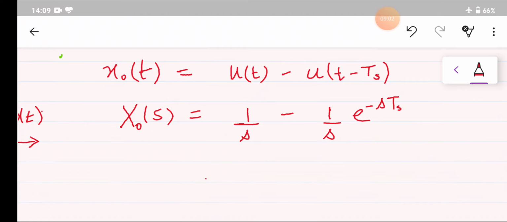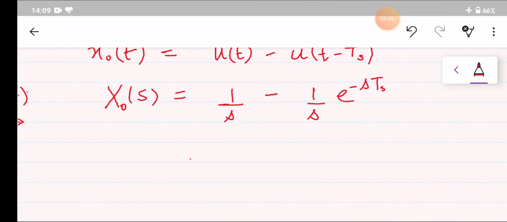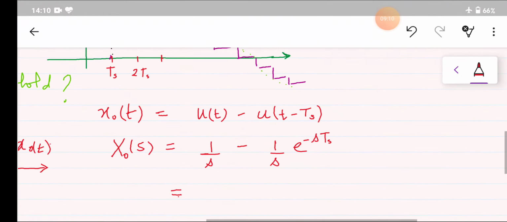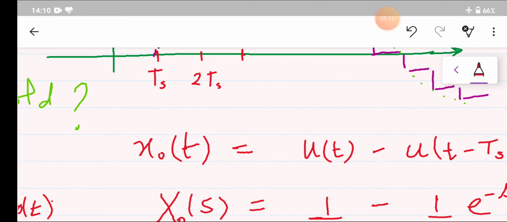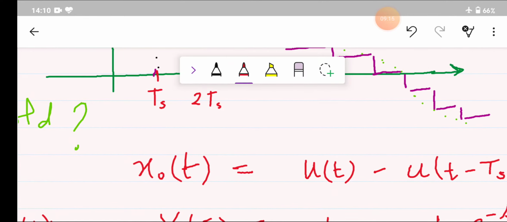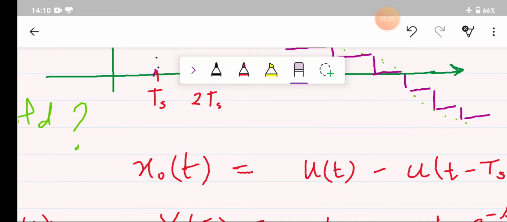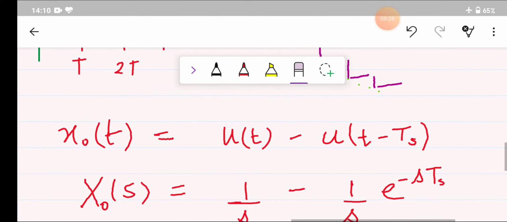Okay, here actually we are going to change our variable s, else it will create an ambiguity. So we are removing s from here and we are directly representing it with t, so it will be only t.